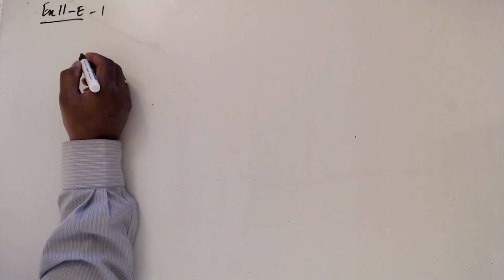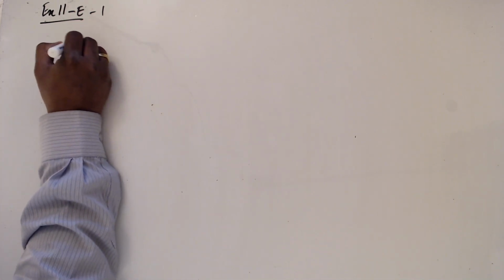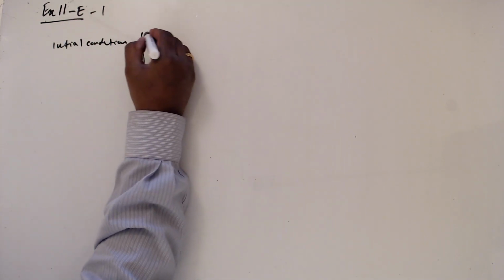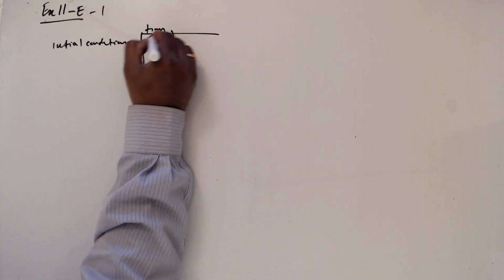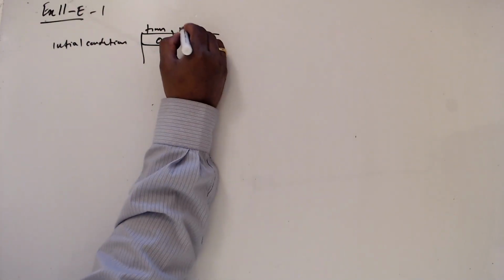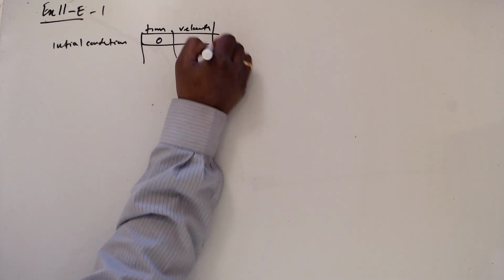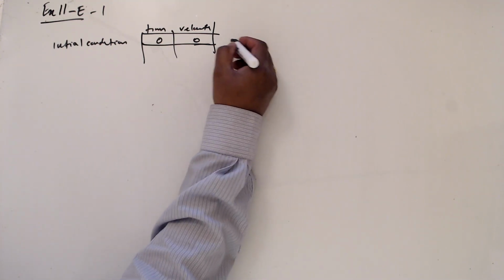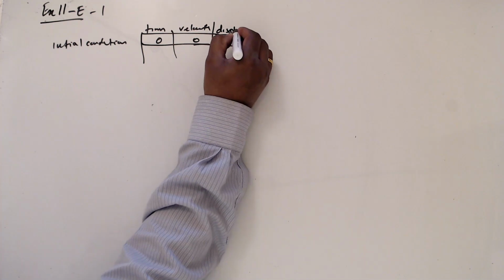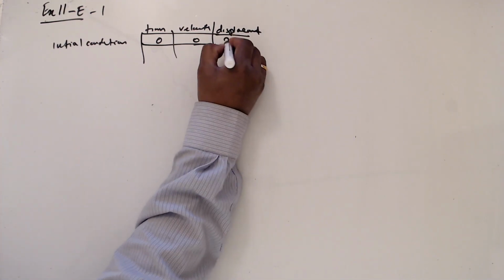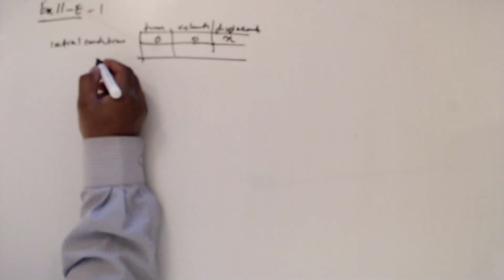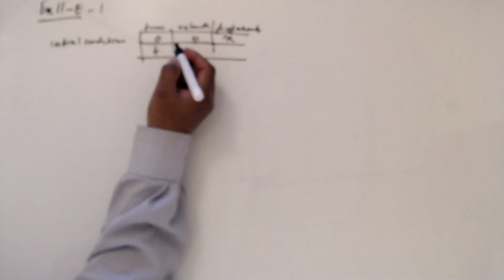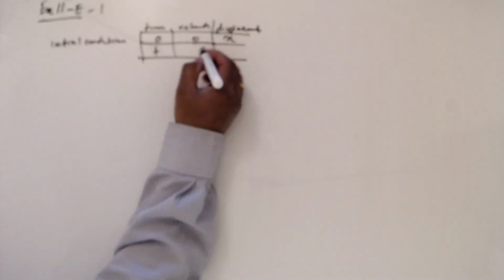The particle has initial conditions: at time 0, velocity is 0 and displacement is given as x. After time t, when the time is t, velocity is v.